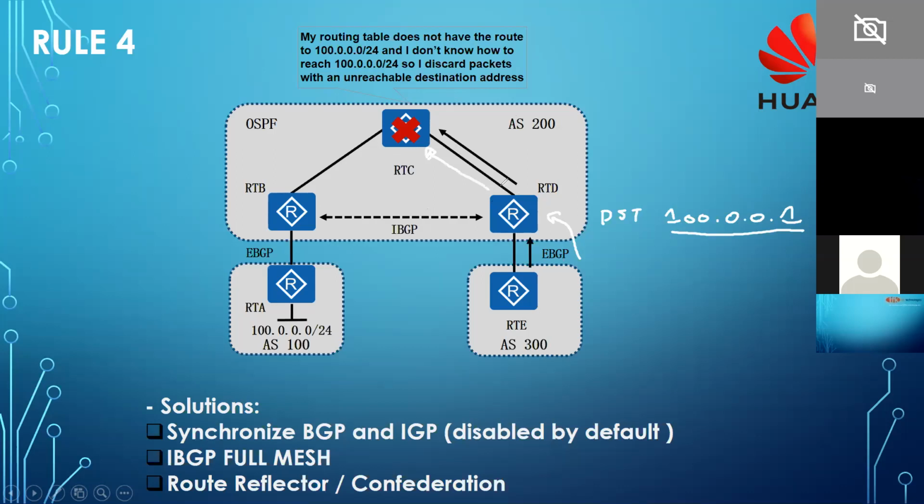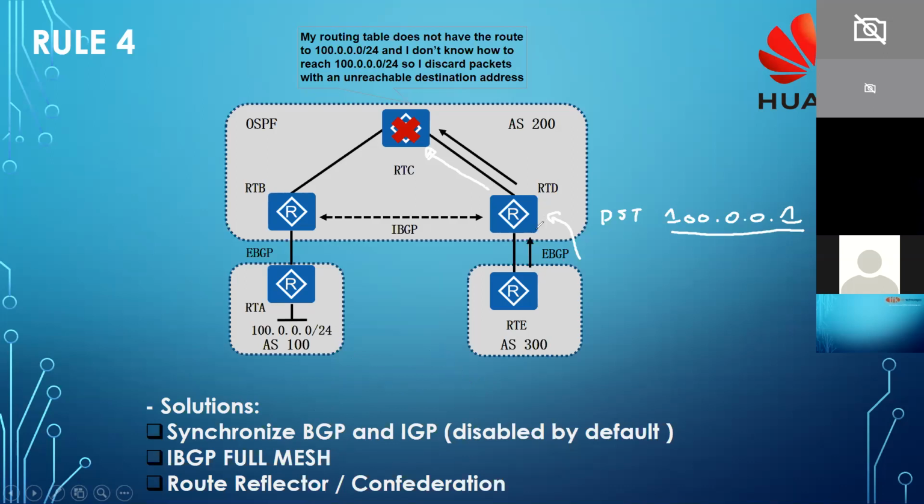So here we have 3 solutions. The first solution is a mechanism that we call BGP and IGP synchronization. This mechanism is disabled by default, and you will never use it. But how does this mechanism work?